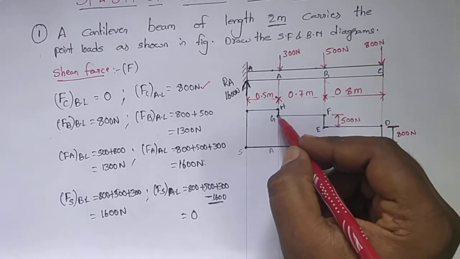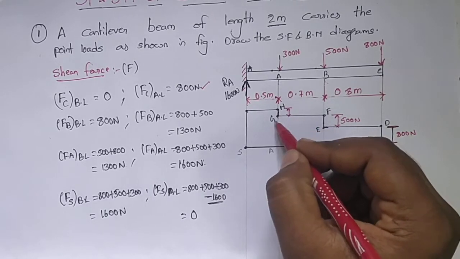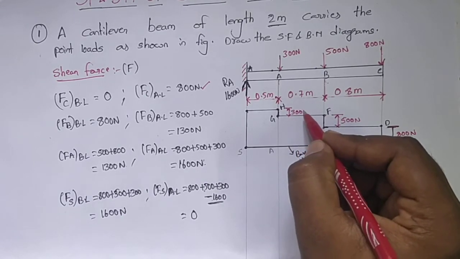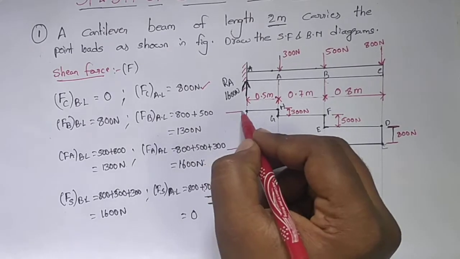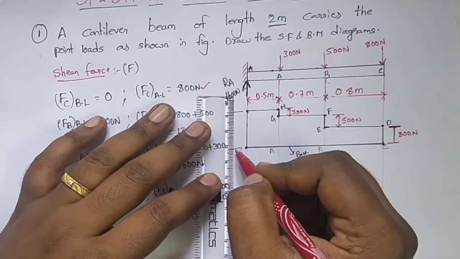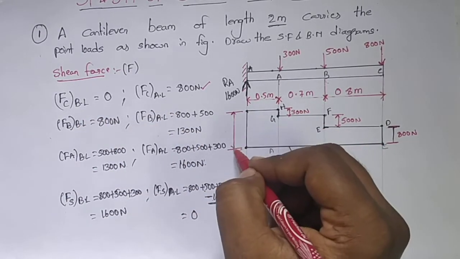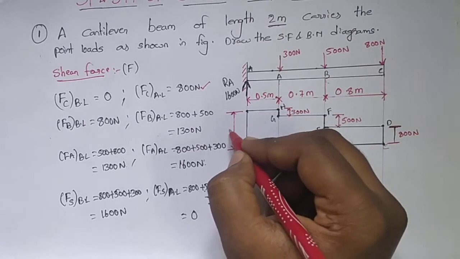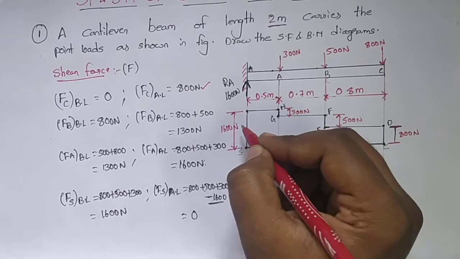Then 1300 plus 300, that means total 1600. From G it will increase by 300 newtons. Next, shear force at the fixed end, at the support of the beam, the total shear force has 1600 newtons.